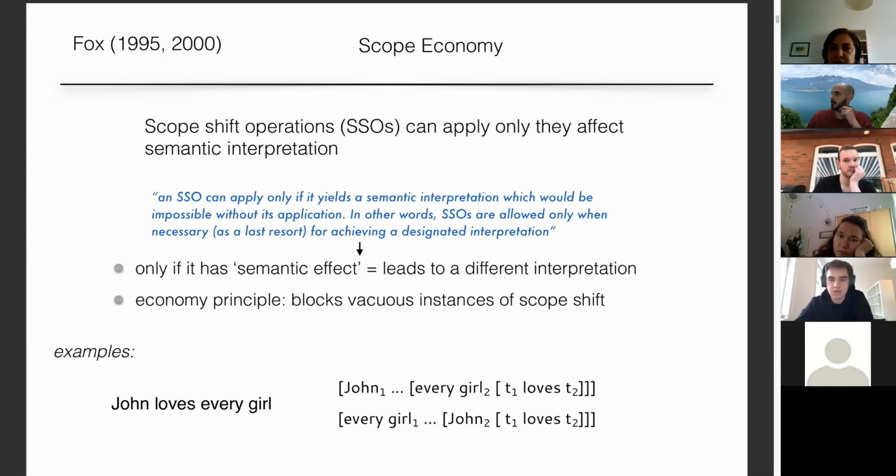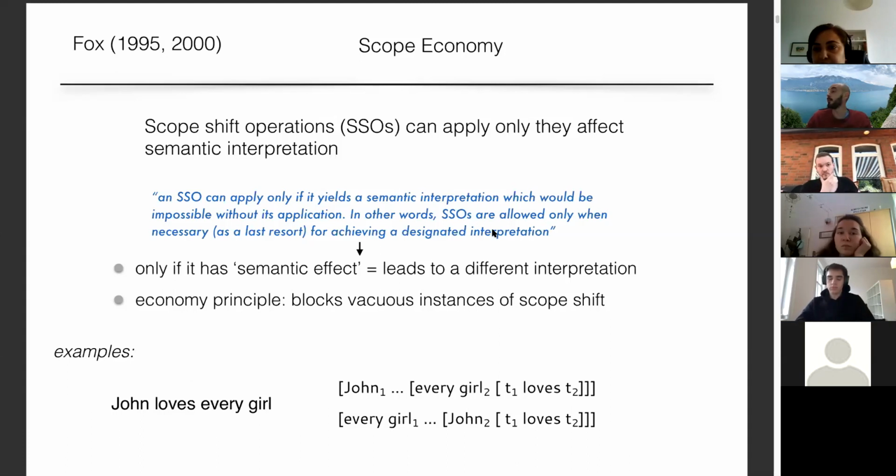I'm unable to see a difference between those two interpretations. Okay, you don't see a difference? Does anyone see a difference? Yes, I see a difference. Because John is a clear subject and boy is not. It's indefinite. No, sorry.